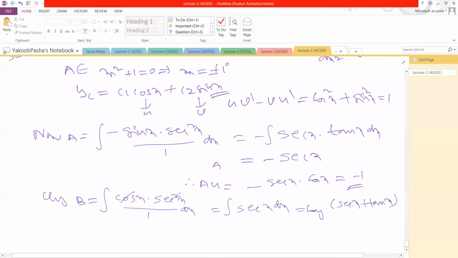Now multiply with v. So bv is equal to, v equal to what? Sin x. So sin x into log of secant x plus tan x. This is the bv value and this is the au value.